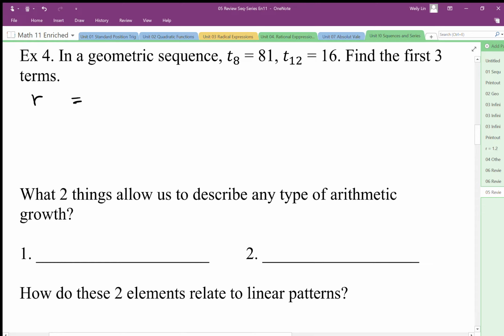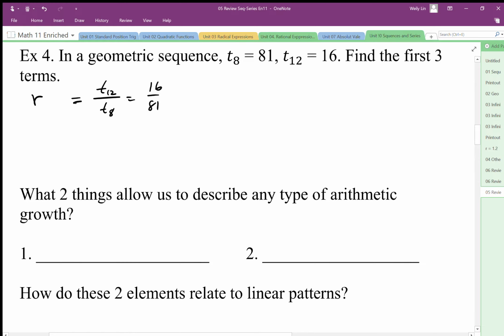Ratios means divide. So I can take T12 over T8, and so 16 over 81. To go from T8 to T12, I need 4 steps, so I need to use r 4 times. I can just do 12 minus 8 in the exponent.